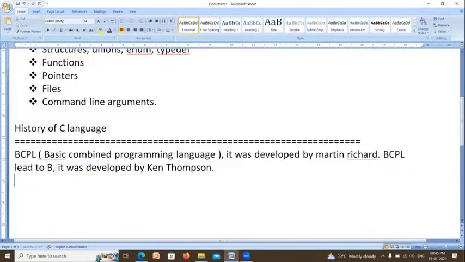Actually BCPL and B, these two are typeless programming languages. What is the meaning of typeless? Typeless programming languages means these two do not support data types. What is the meaning of data types?